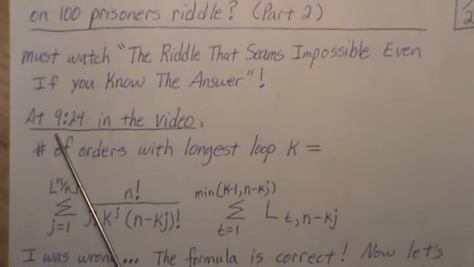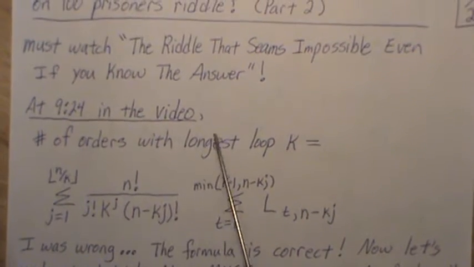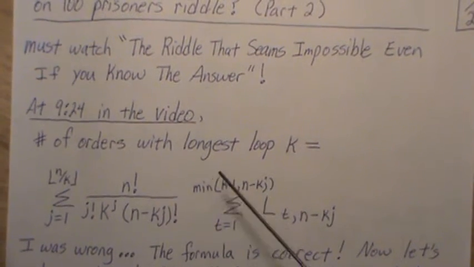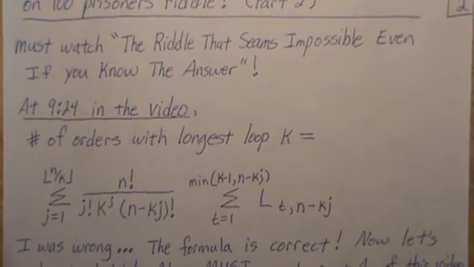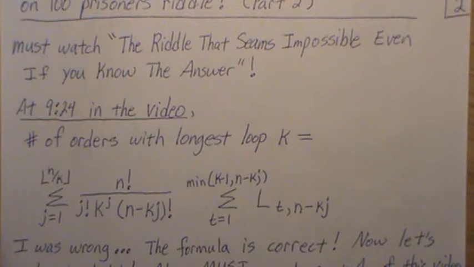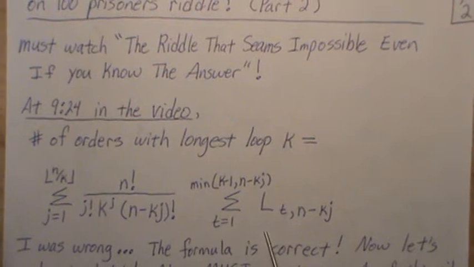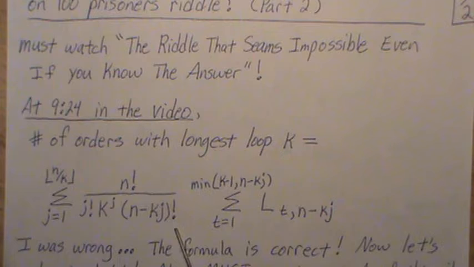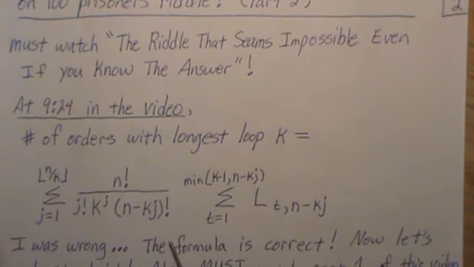Now in the video, at 9:24, he flashes a formula that supposedly is used to calculate these probabilities, or at least the number of ways the various loops can happen. And here it is. I went through 2 or 3 different ways to calculate the probabilities, and I could not match what this formula is doing.